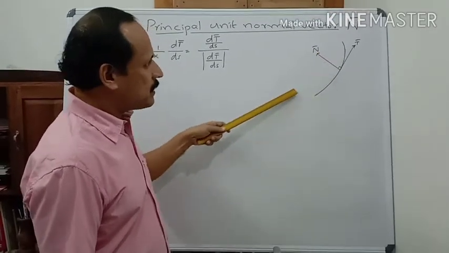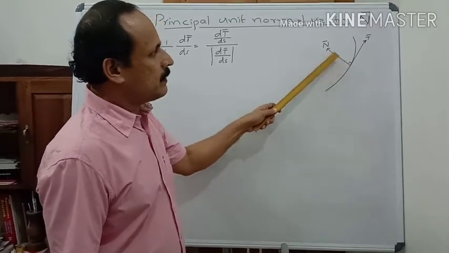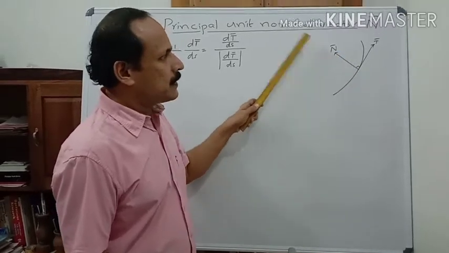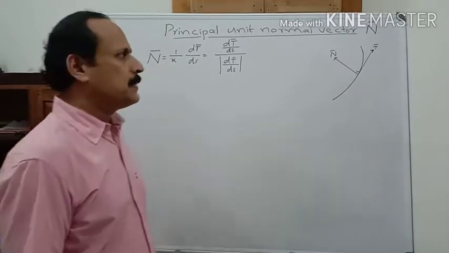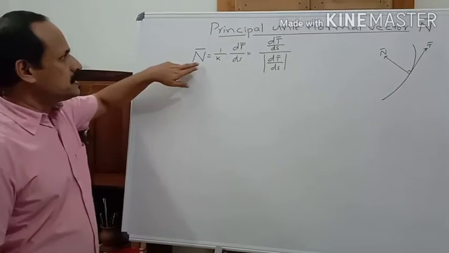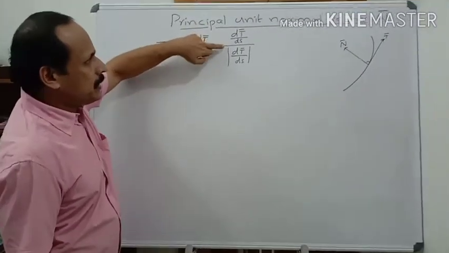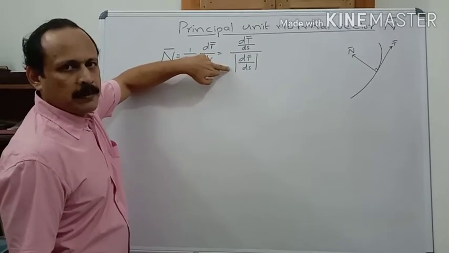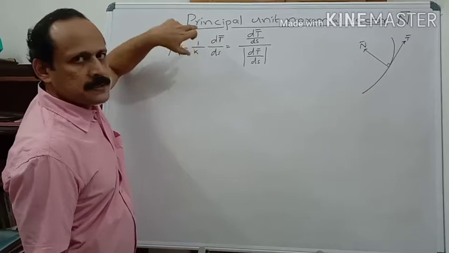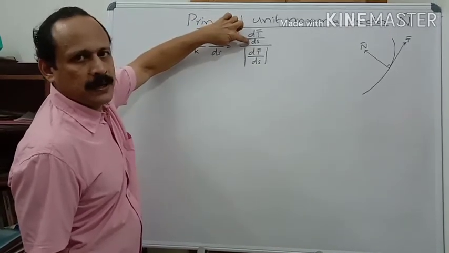This is the concave side of the curve, and principal unit normal vector always directs towards the concave side of the curve. Again, principal unit normal vector equal to dt bar by ds by mod dt bar by ds. Here in this definition, derivative is taken with respect to arc length parameter s.